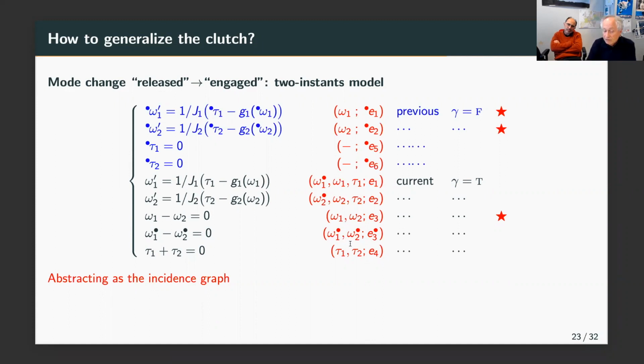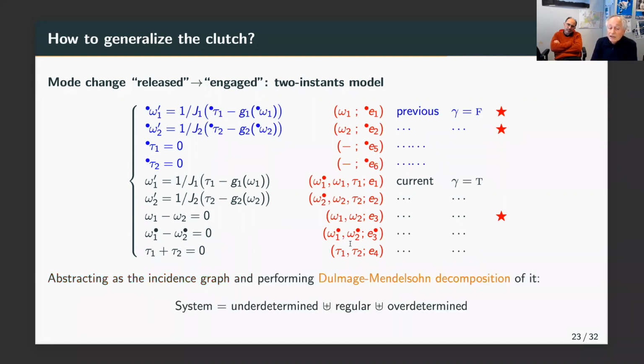And here you just perform what is called the Dulmage-Mendelsohn decomposition of this algebraic system of equations seen as a structural system, which decomposes it into its underdetermined part, its regular part, and its overdetermined part. The overdetermined part would consist exactly of the 3 equations listed here, found by this Dulmage-Mendelsohn decomposition.